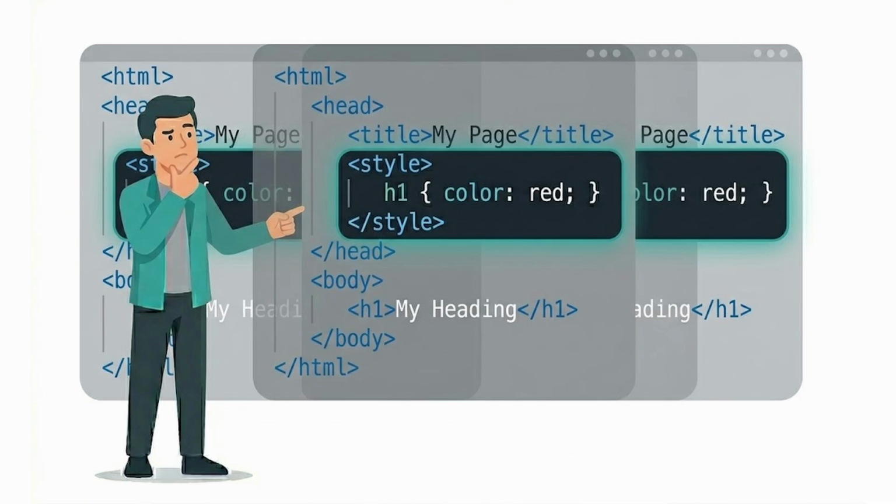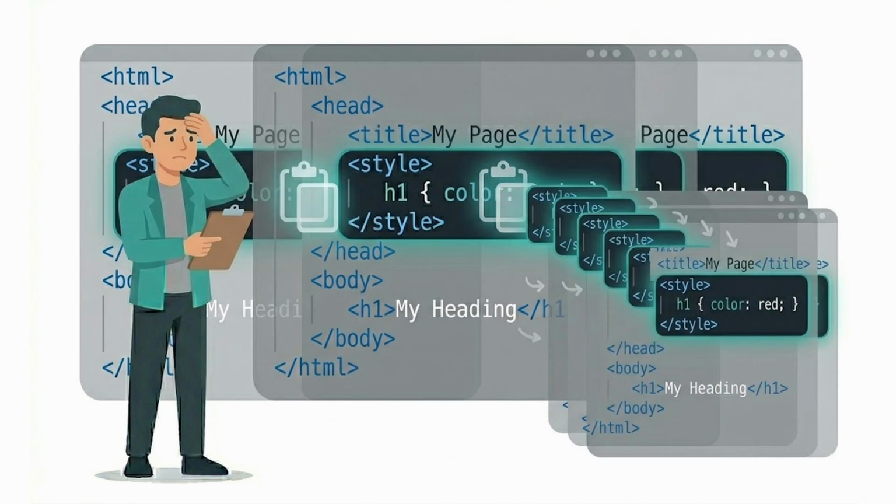But think you have a 5-page website or 10-page website. In that case you have to add this style tag on each and every page of your website, and we get the same issue again, because if your teammate or your boss wants to change the color or font size or anything, you have to change it on all the pages.